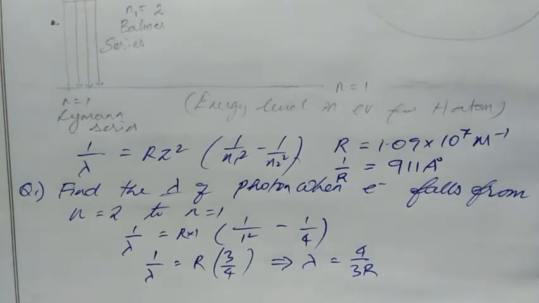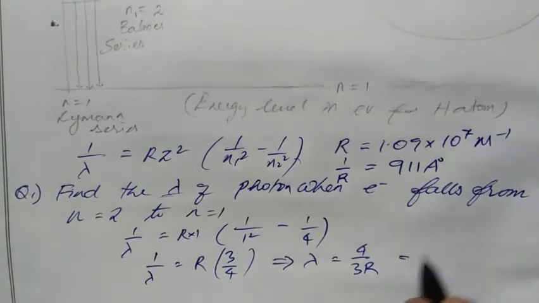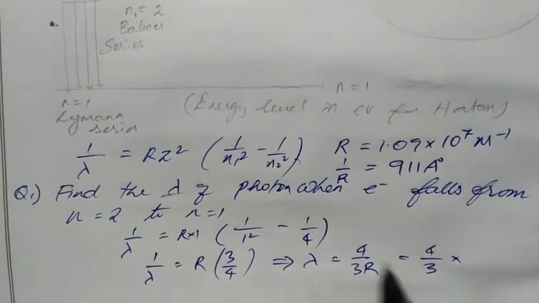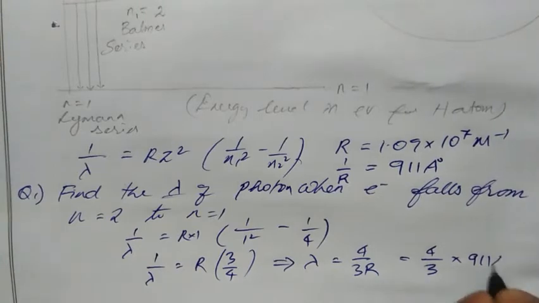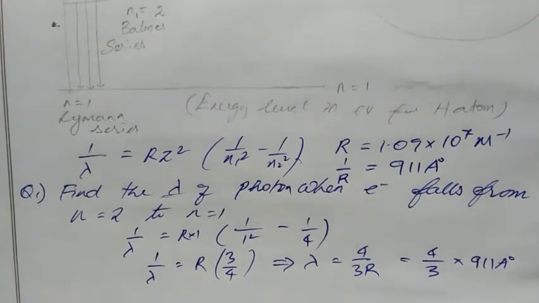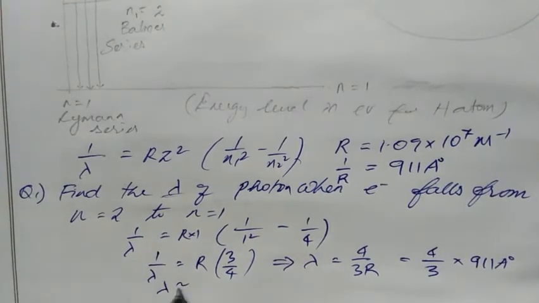So if I substitute 911 angstrom for 1 by R in 4 by 3, then our lambda is approximately 1216 angstrom.